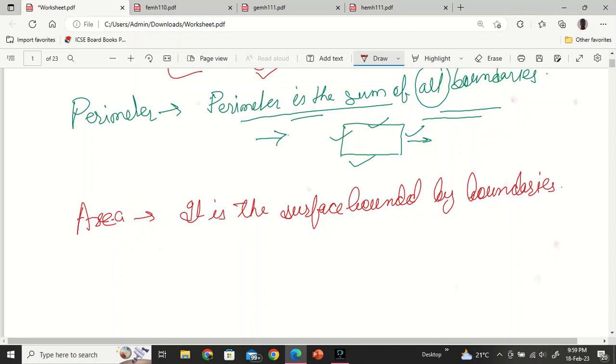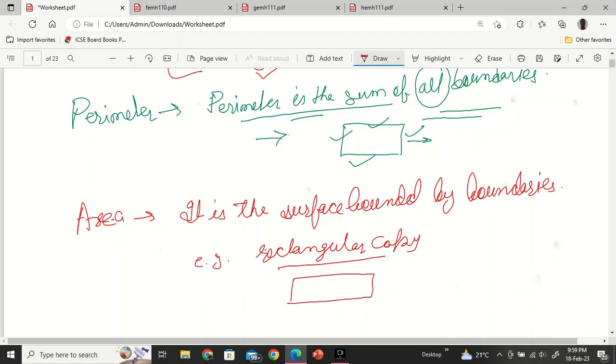Like if you have a rectangular copy, what is the area of that rectangular copy? It is the very first page of your copy. That is the surface of the first page.